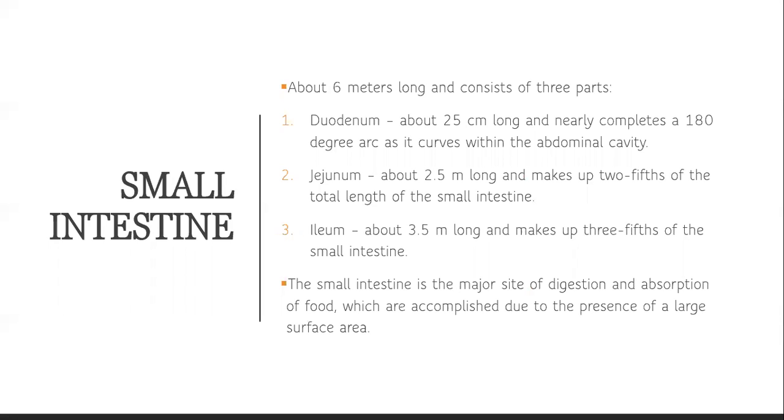Then we have the jejunum, about 2.5 meters long, making up 2 fifths of the total length of the small intestine. And the longest one is our ileum, which makes up 3 fifths of the small intestine. It's about 3.5 meters long. So our small intestine is the major site of digestion and absorption of food.